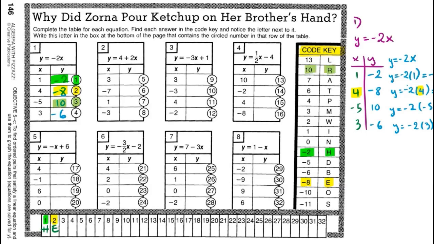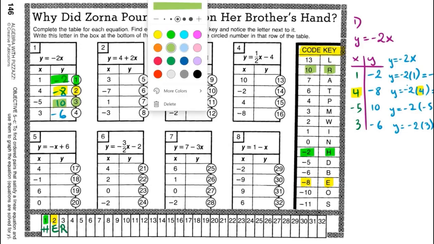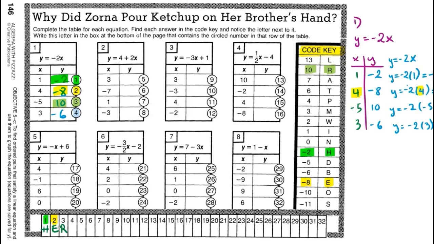The letter that goes with 10 is R. We go to the next box and put R. Okay, and number 4. We have the answer negative 6. So we go to negative 6 and the letter that goes with negative 6 is B. So we go back to number 4 and put B.